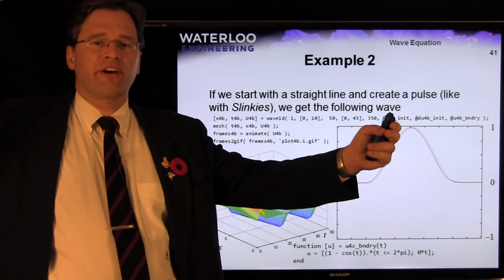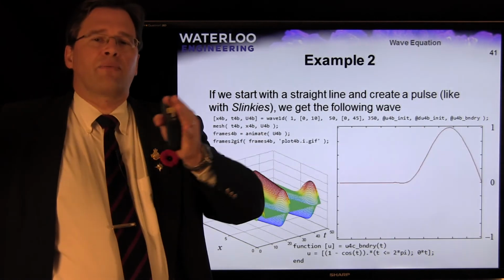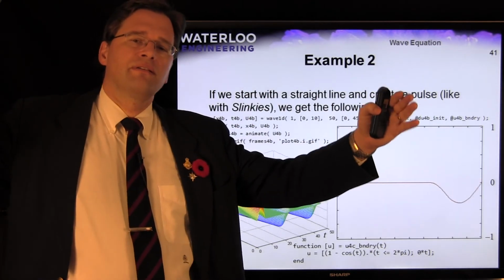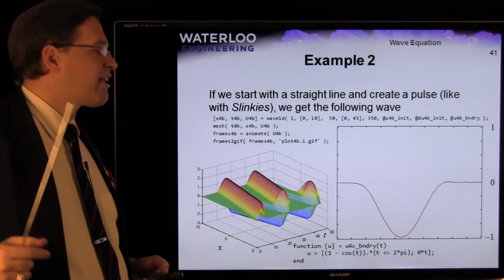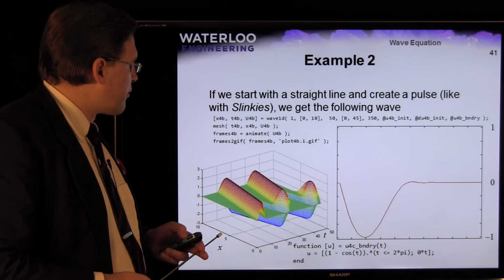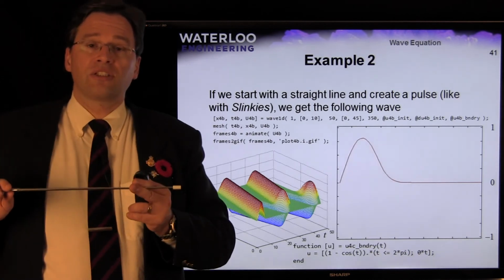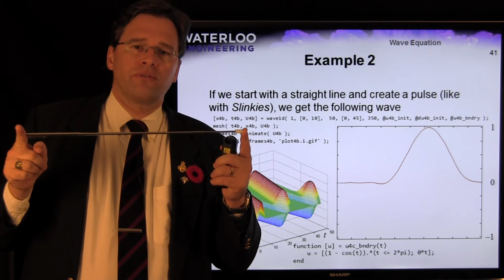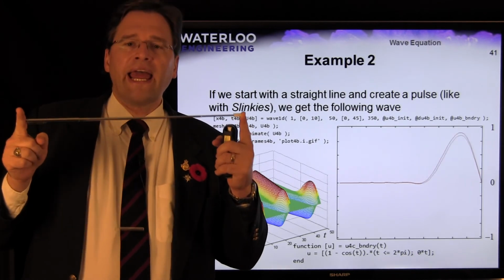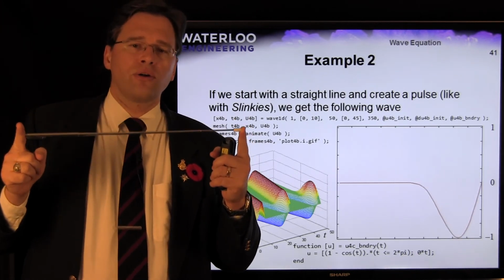Oh, we have to go a little bit faster than that. The wave propagates along, it reflects, and then it propagates back, reflecting again. Now in this case, what are the initial conditions? The initial conditions are both 0 for the initial state, and the initial velocities are also 0.